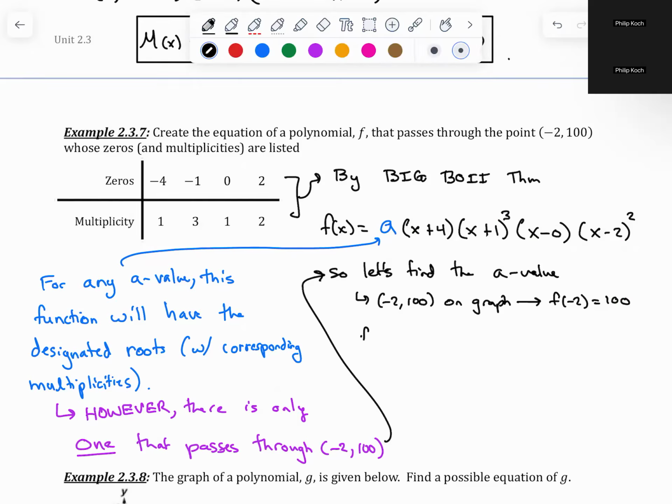So we have f of -2 is equal to a times (-2 plus 4) times (-2 plus 1) cubed times (-2 minus 0) times (-2 minus 2) squared, and that has to equal 100.